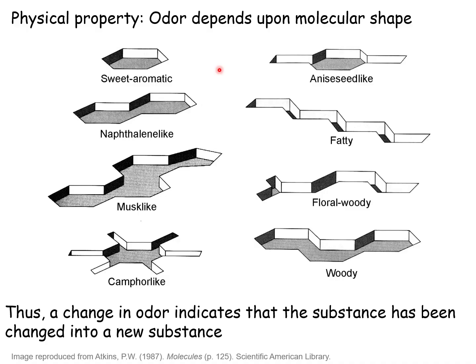So if you have 6 carbon atoms and you bond them all together, making sort of a flat pancake like this very first structure, it has a sweet aromatic kind of smell. If you take 2 of them and you fuse them together so they make this flat double hexagon kind of shape, now it smells like mothballs. If you take 4 of them and you fuse them all together, it's still flat. Now it's musky.